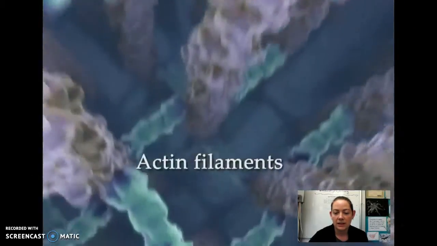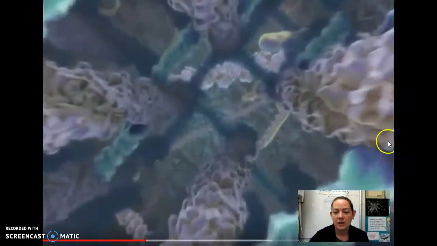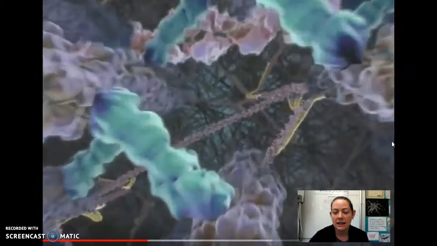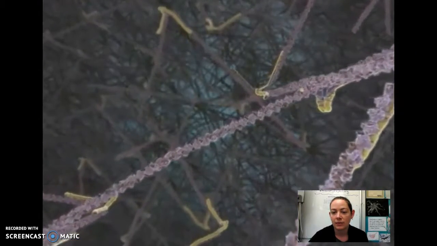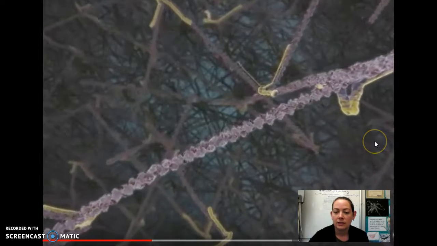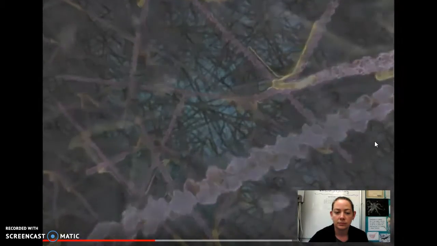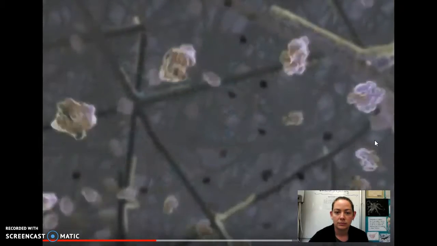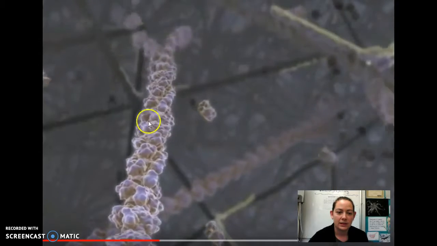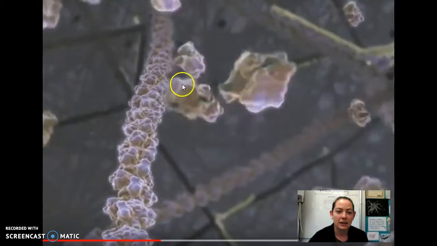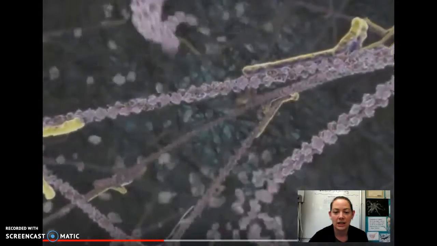Ooh, here's some filaments. This is part of the cytoskeleton. Remember, that's something that gives structure and support inside the cell, and it also helps with transportation. So these things kind of get assembled. They're like little magnets. They stick together. They like to make these long chains of things.